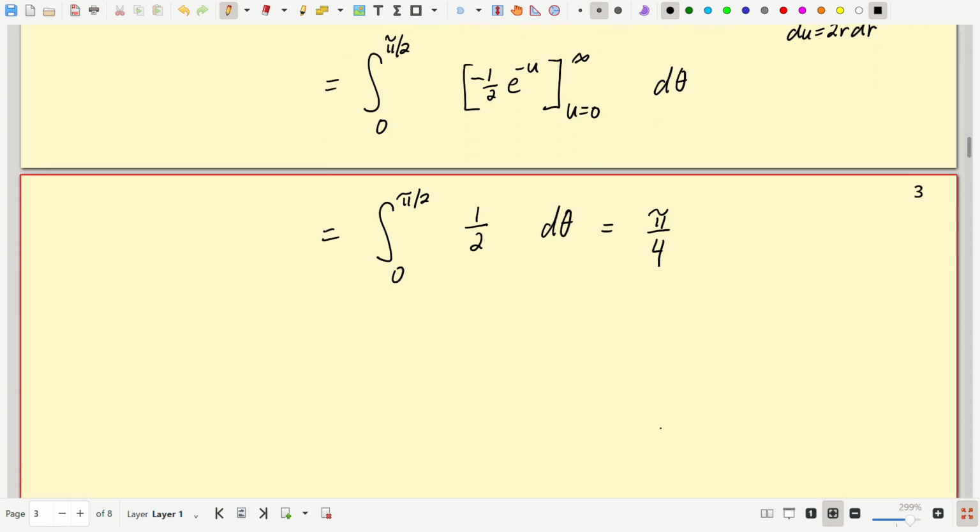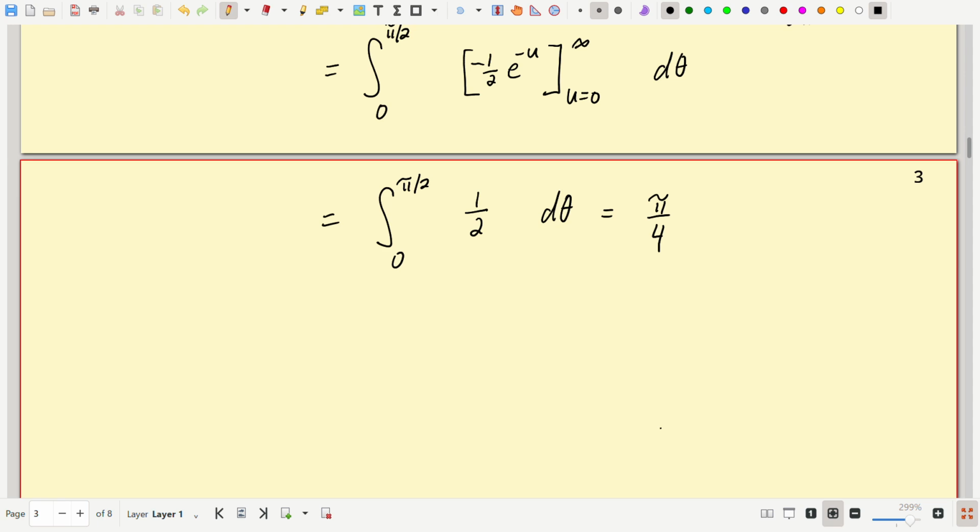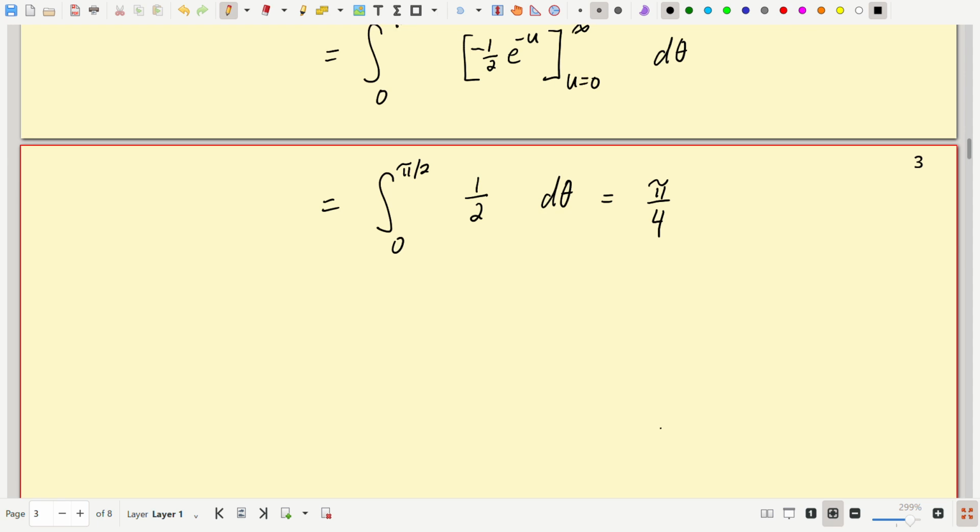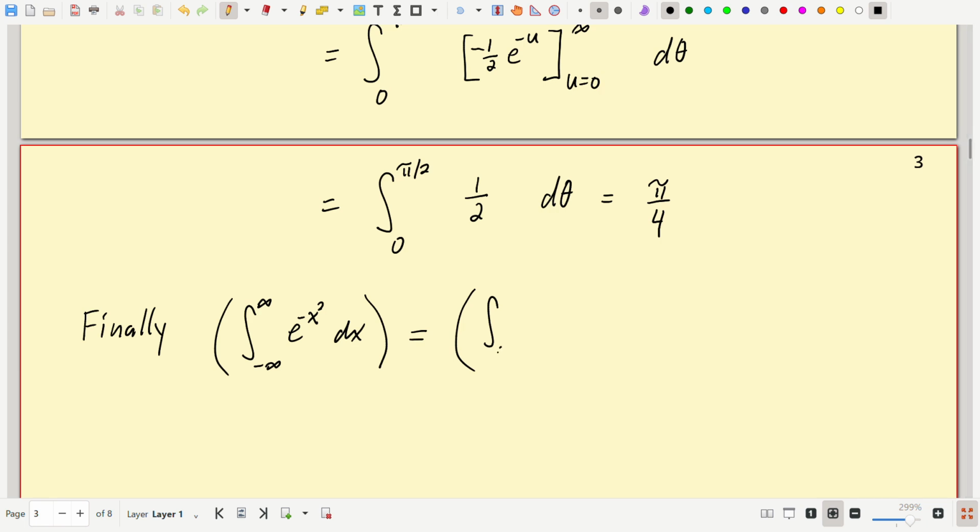And now since the Gaussian distribution is an even function, finally, the integral from minus infinity to infinity of e to the minus x squared dx would be 2 times the integral from 0 to infinity of e to the minus x squared dx.